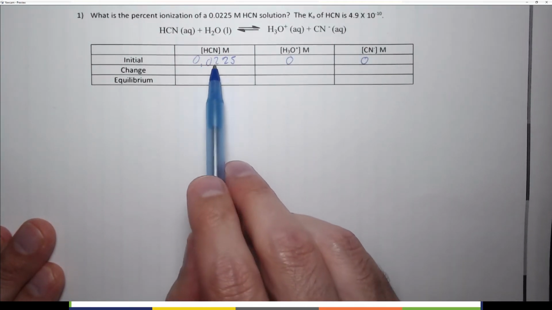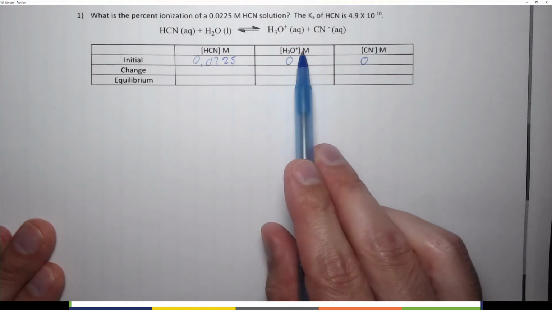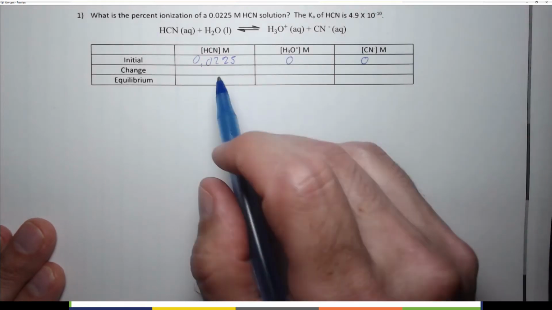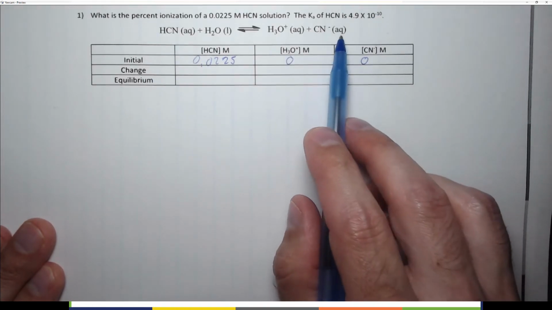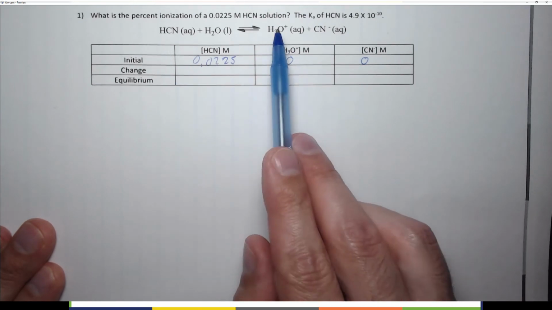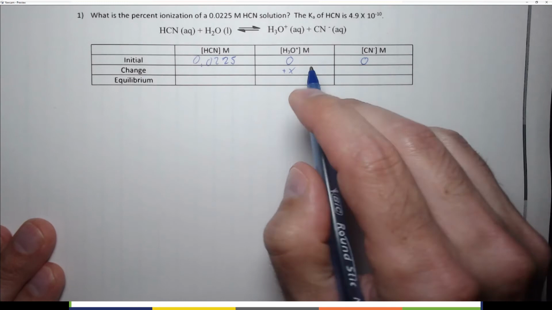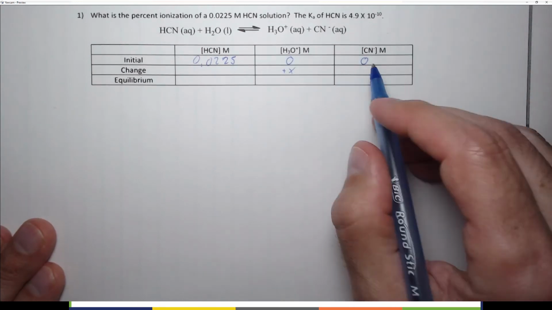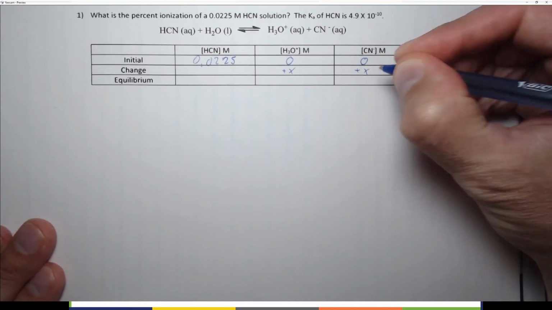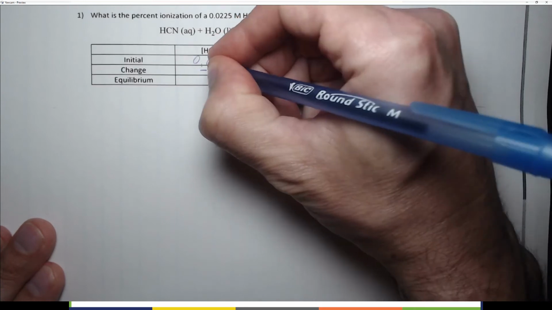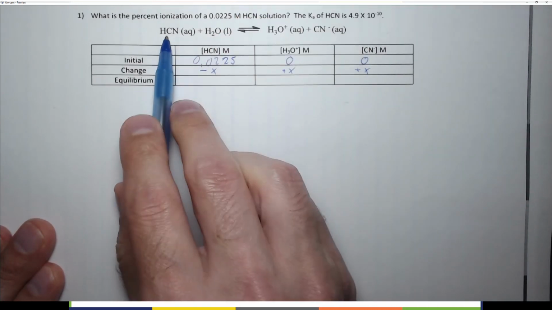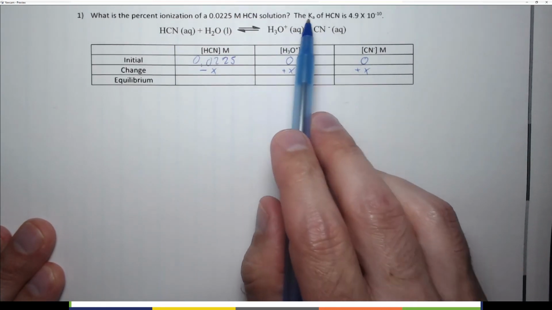How much of this are we going to lose? We don't know. And how much of this are we going to gain? We don't know. But we do know the stoichiometric relationship between those things. And if you'll notice here, they're all 1 to 1. So for every X of H3O+ that we get, we're going to get the same X of CN-, and we're going to lose the same X of HCN, because one HCN breaks up to form one of these and one of these.